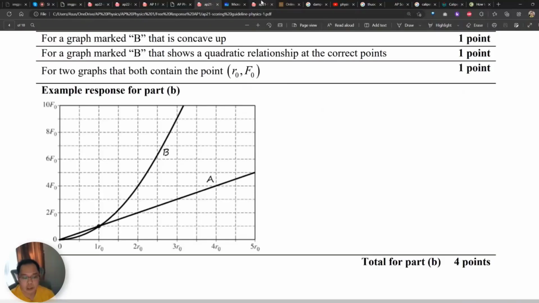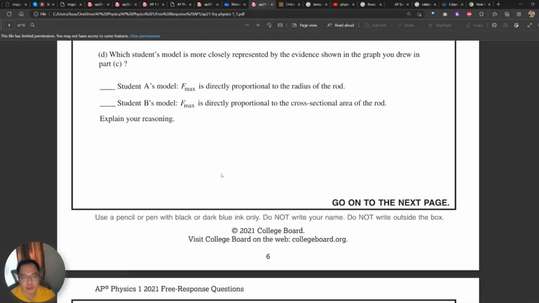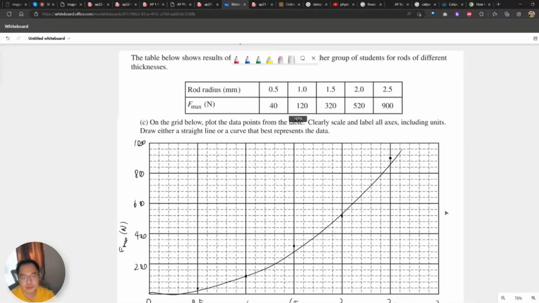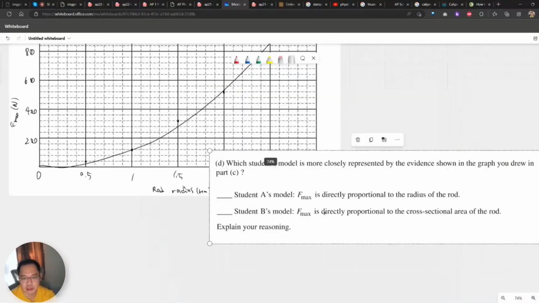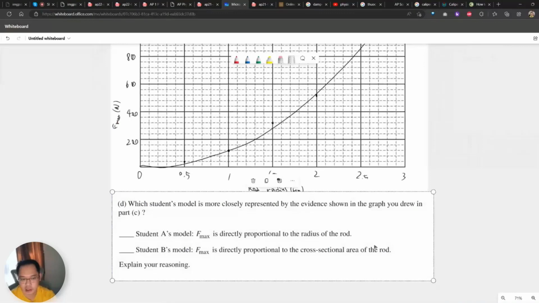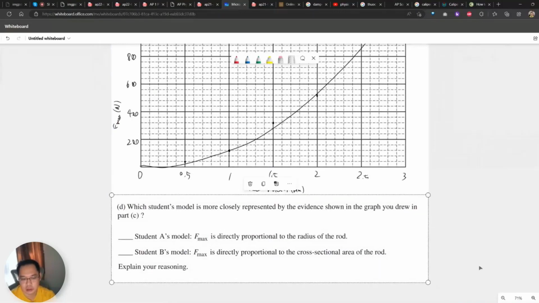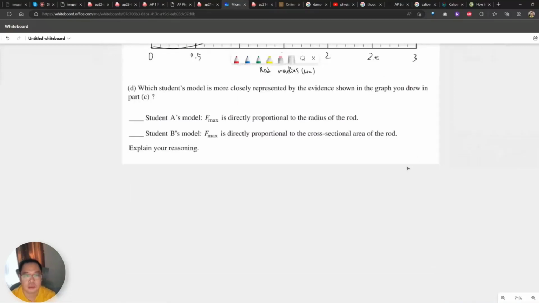What's the next question? Which student's model is more precisely, more closely represented by the evidence shown in the graph you drew in part C? We can clearly see which student is correct, right? Yes. That is student B, saying that it is proportional to the area, the cross-sectional area. Listen more closely.